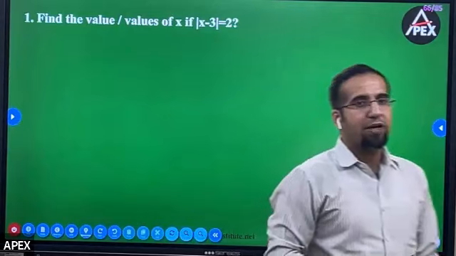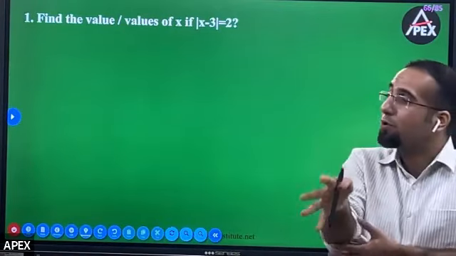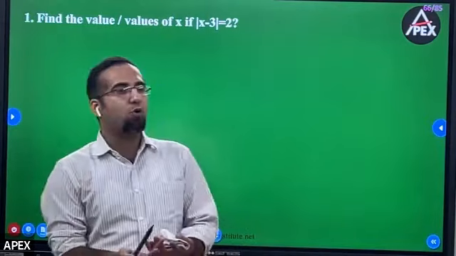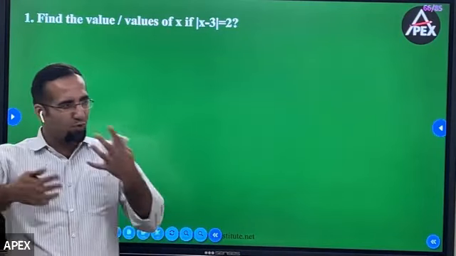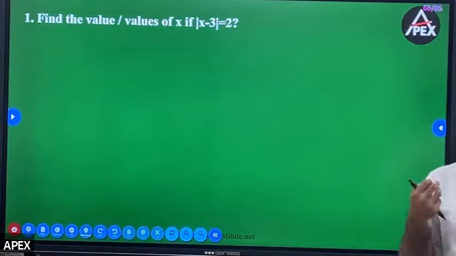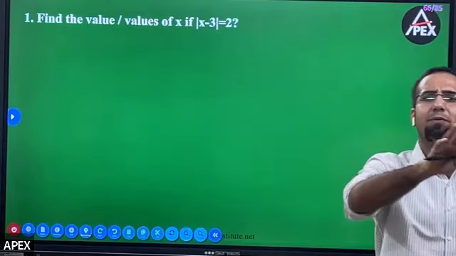See, my job is to get you an answer in the exam at any cost. If you have a simple question on modulus, you should be able to solve it. Sometimes there will be a simple question on modulus. Just because it might sound weird to you, you should not believe it. That's the whole idea of this exercise. You can afford to leave algebra sometimes in the exam, but if you get an easy question of algebra, crack it. Out of 6, I bet guys 3 will be easy questions.